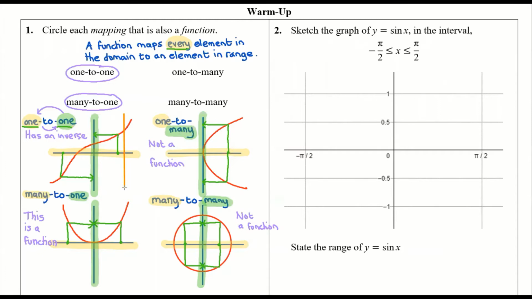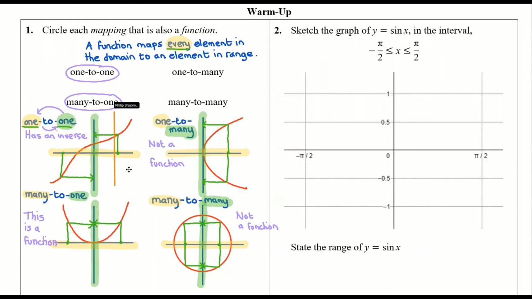Now, the vertical line test runs like this. If you take the vertical line and put it over your graph and just move it along, if that vertical line intersects your graph at only one position, then it has passed the vertical line test and it is a function. You can see that wherever I put this vertical line, it's only cutting the red graph at one specific place.